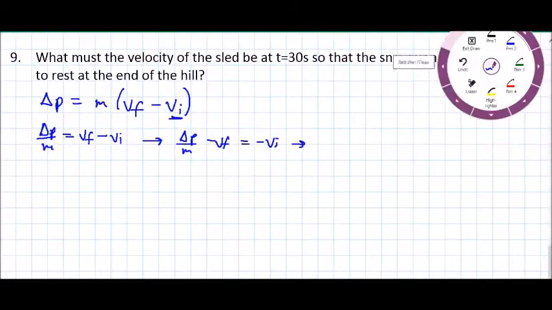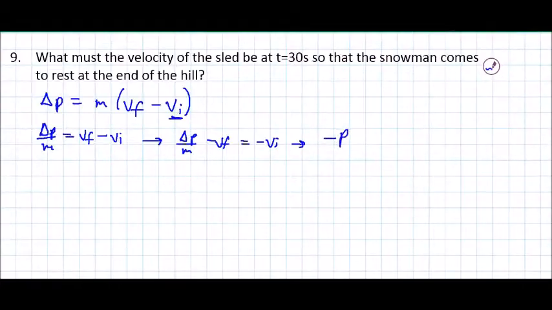And now because I have this negative right here, I'm going to multiply everything by a negative or divide, either way. Then this will give me negative change in momentum over mass. The Vf becomes positive and the Vi also becomes positive. So now let's just plug in the numbers.